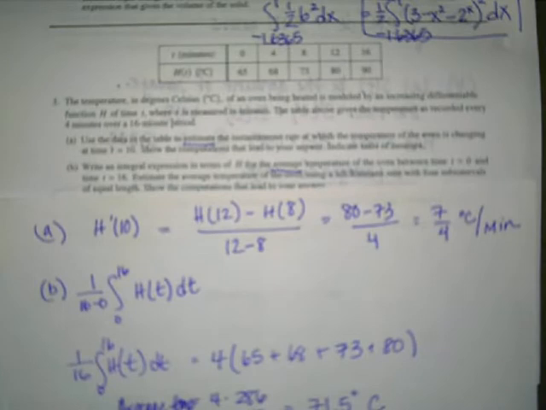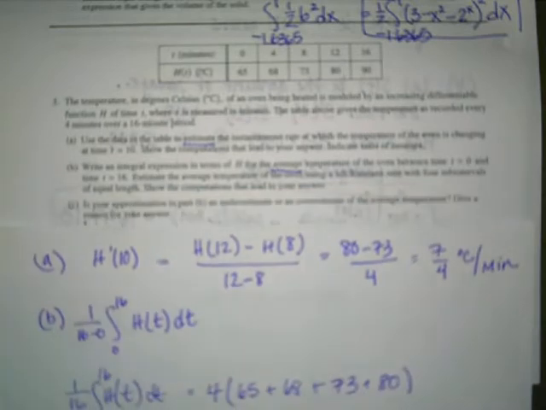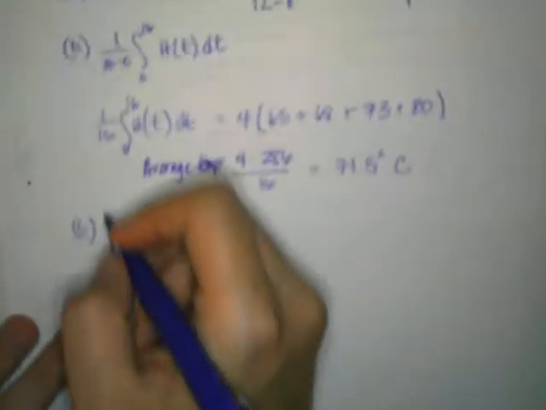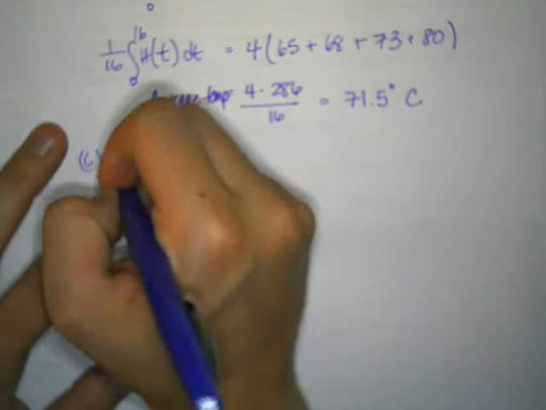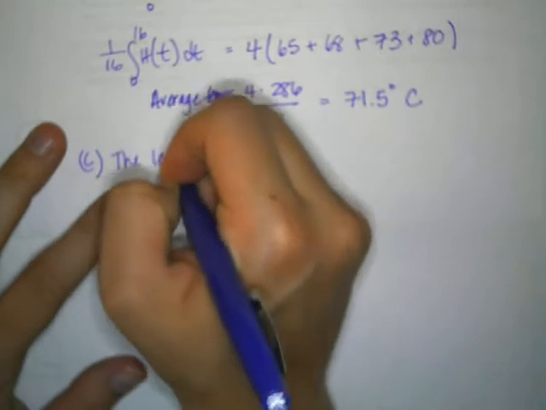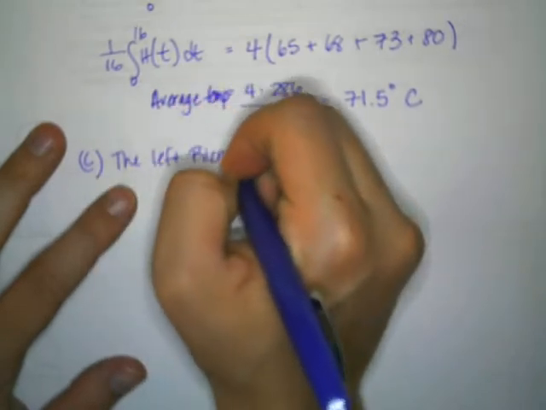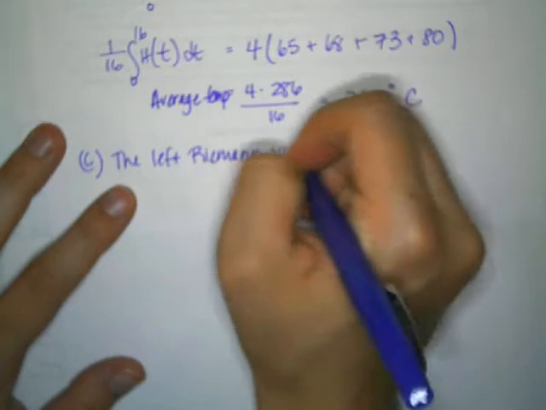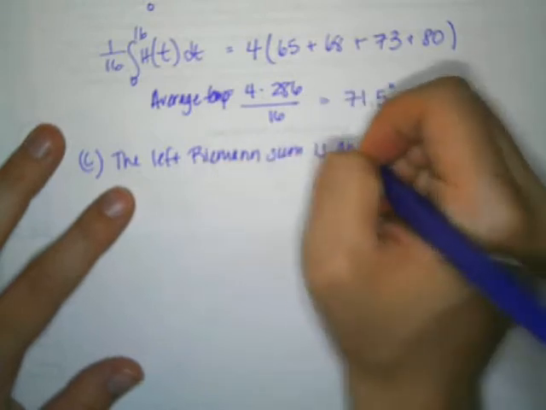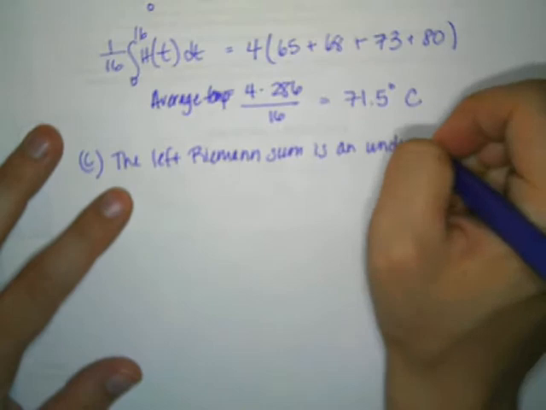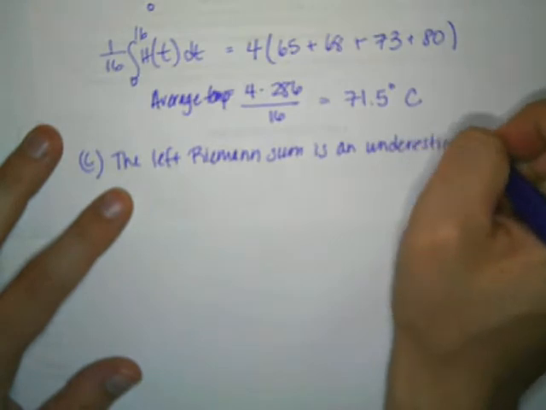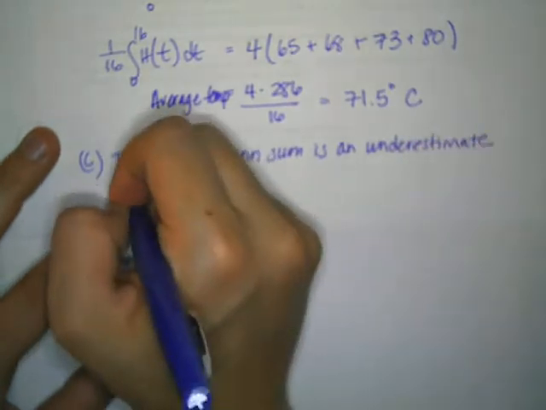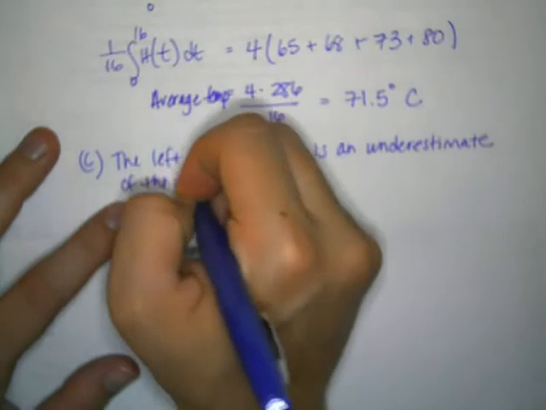For C, is your approximation in part B an underestimate or an overestimate of the average temperature, and give a reason for your answer? Okay, we're going to say that the left Riemann sum is an underestimate of the integral.